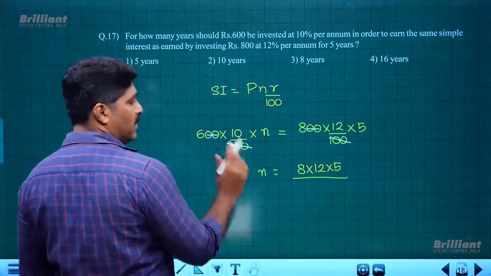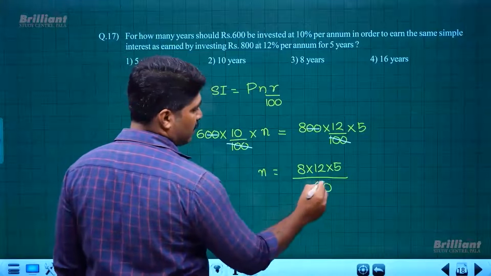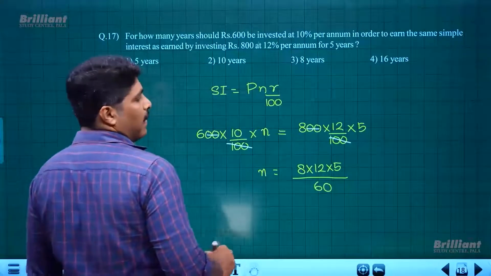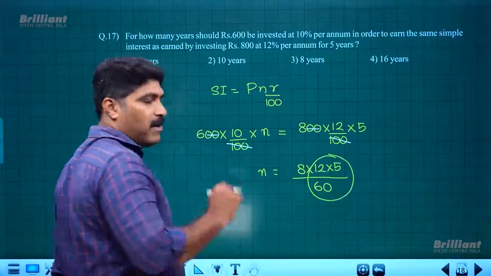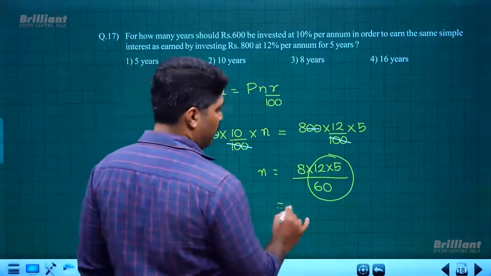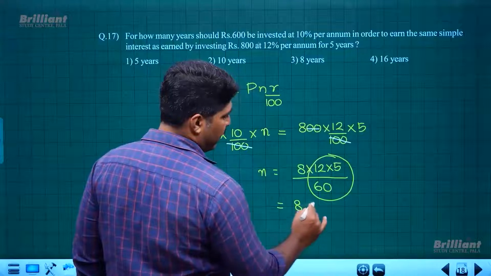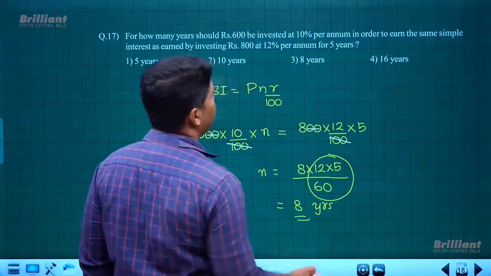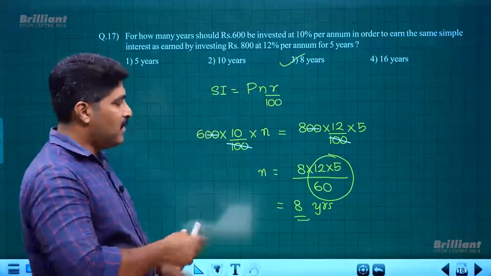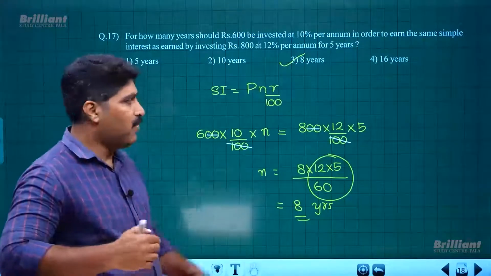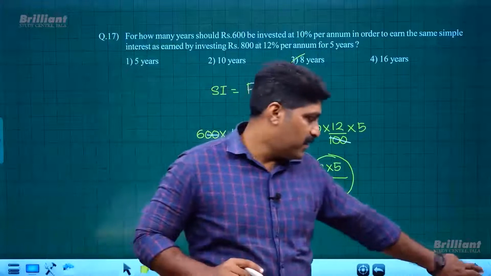Then the 6 and 10 towards right side you can take, that's equal to 60. Here we know that 12 into 5 is 60. While we are considering these values it will become simplified. So therefore what will be the value? In 8 years it will happen. That's a simple comparison trick. So comparing it with the help of that result, we can find it.